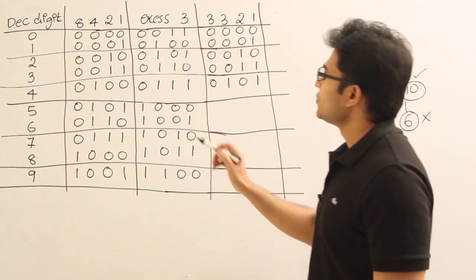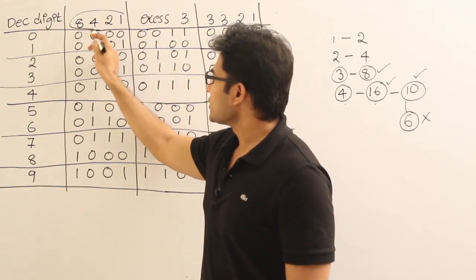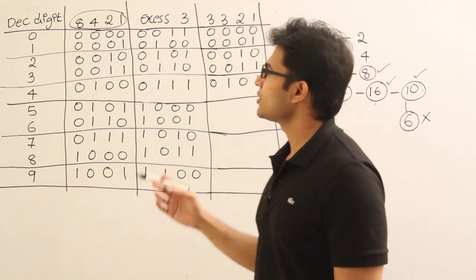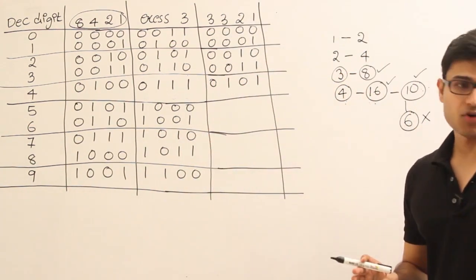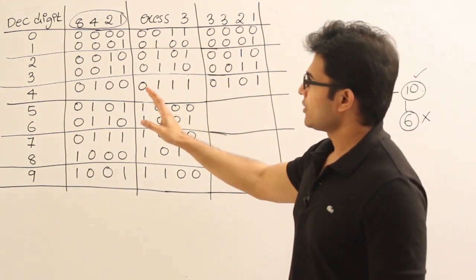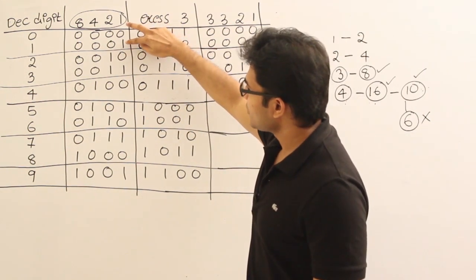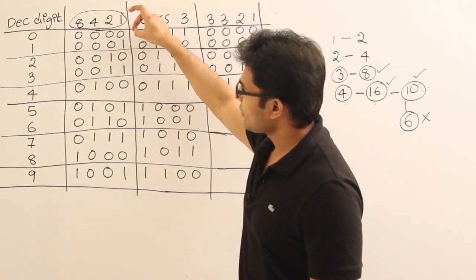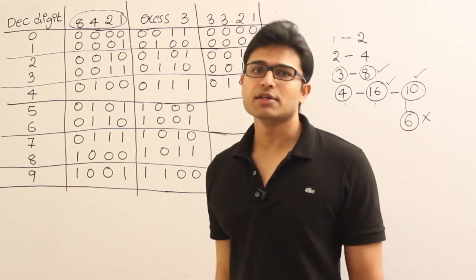So if you use 8421 representation, which one are you going to give to each digit? Straight away we are going to use the formula. So what is the formula? You assign them in such a way that when you multiply each weight with that bit, whatever you get should be equal to the decimal value.